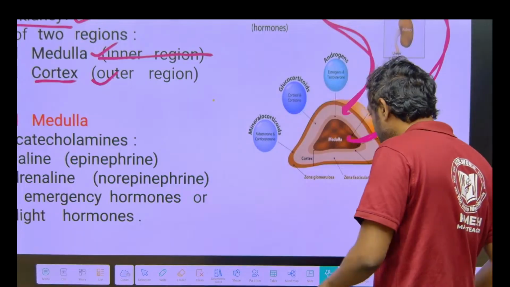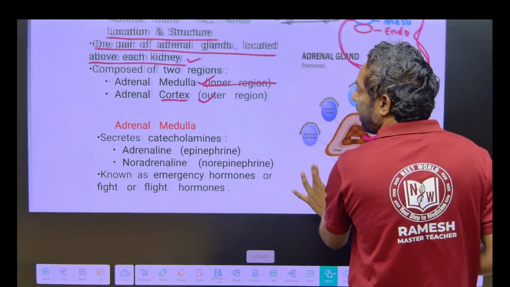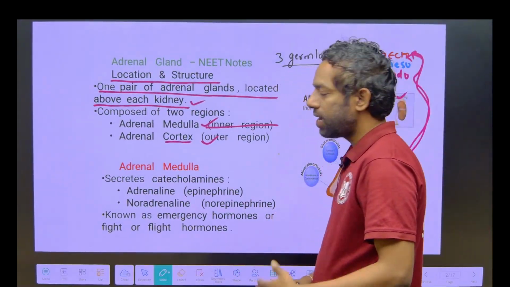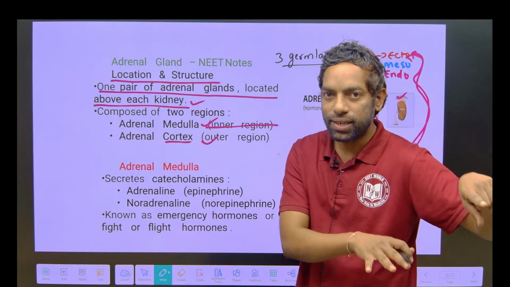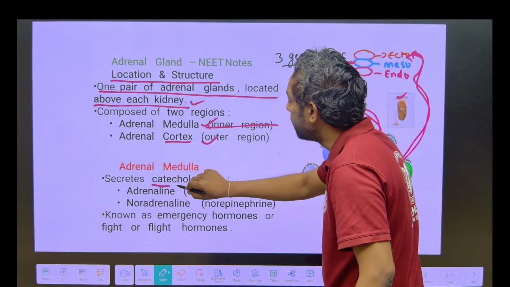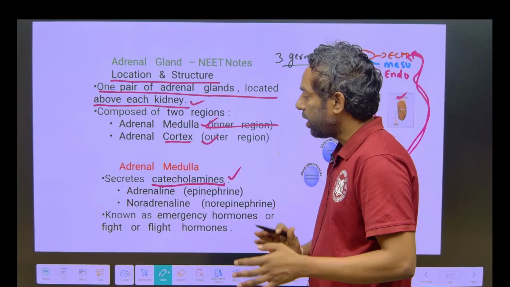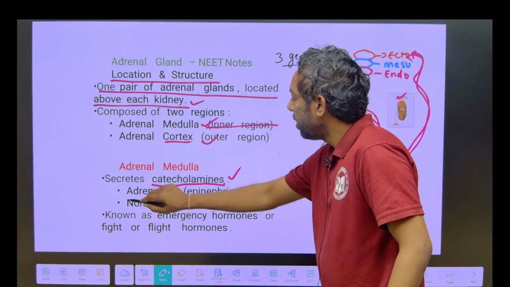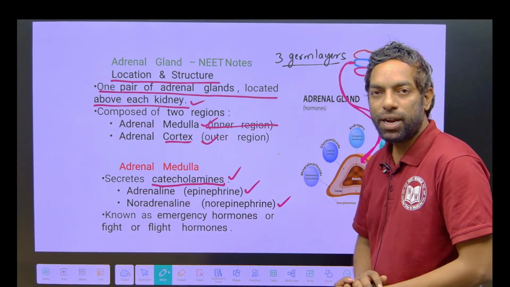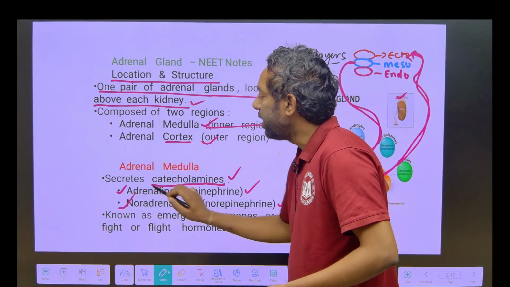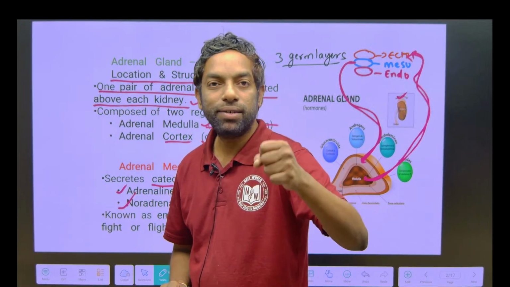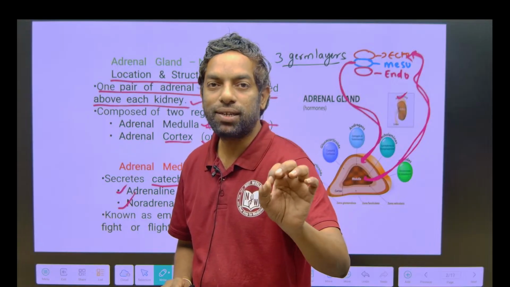The adrenal medulla and the adrenal cortex secrete different hormones. The adrenal medulla secretes catecholamines, which means epinephrine and norepinephrine, that is adrenaline and noradrenaline. These are the chemicals called hormones.